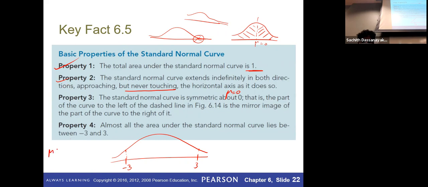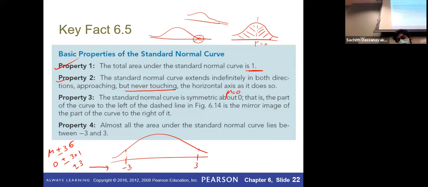Mu plus or minus 3 sigma: in this case mu equals 0 and sigma is 1, so 3 times 1 gives plus or minus 3. That's why we mention -3 and +3.